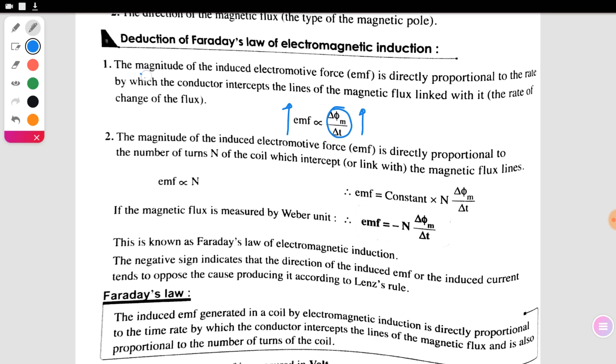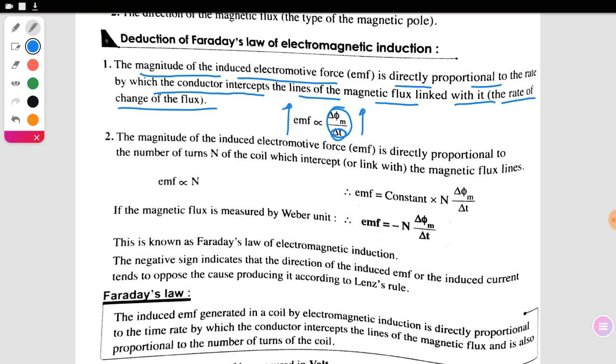This means that the magnitude of the induced electromotive force is directly proportional to the rate of change of magnetic flux linked with the conductor. Delta phi over delta t means the rate of change of magnetic flux.